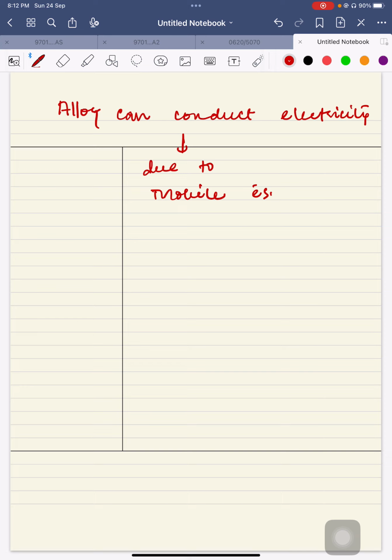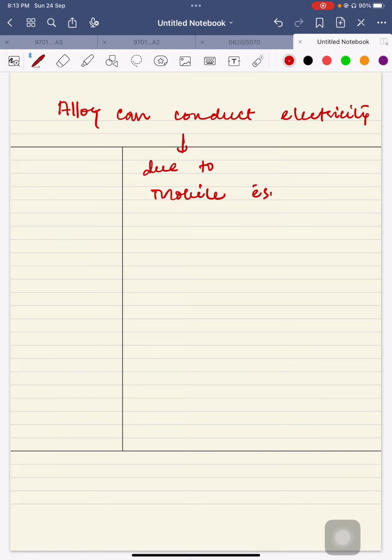Now there is one more point which you should know. I have given you the properties associated with alloys, and I have discussed why an alloy can conduct electricity. There are different examples of alloys which you should know.